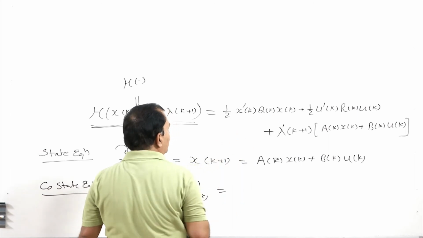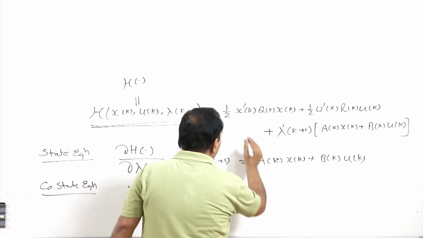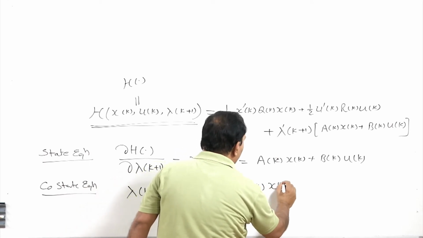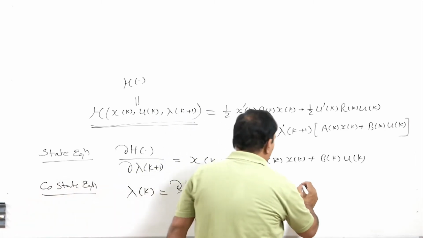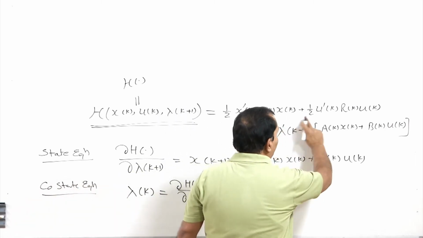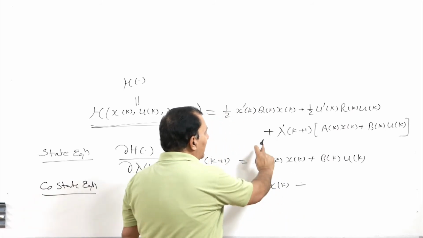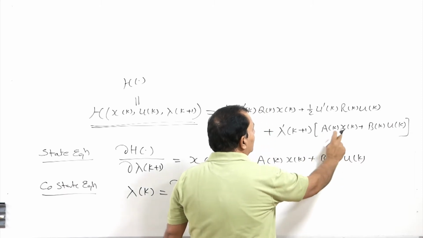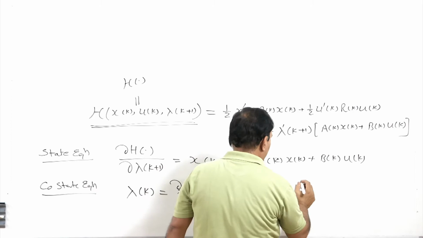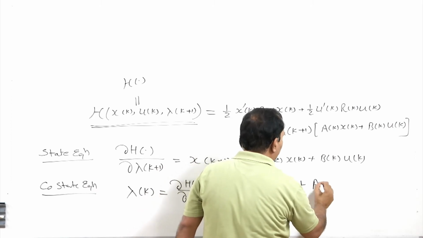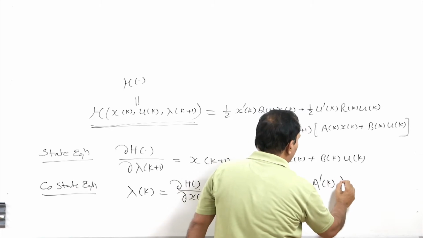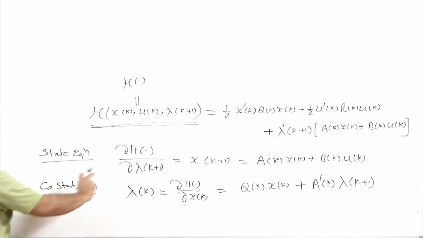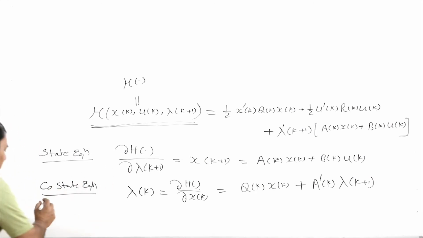My first term is a function of x, and it is a quadratic term, so this will give me Q k x of k. The second term is independent of x, and in the last term only the first factor is a function of x. So, this gives me plus A transpose k lambda k plus 1.